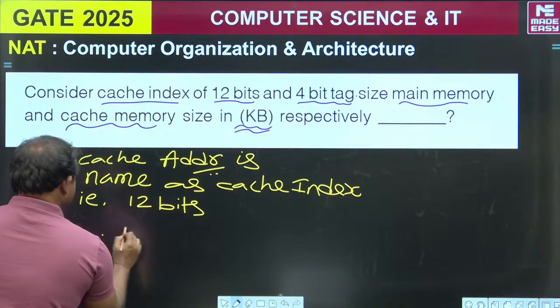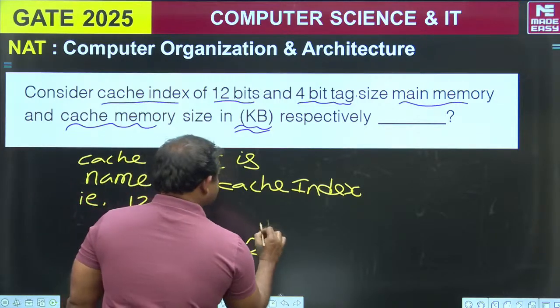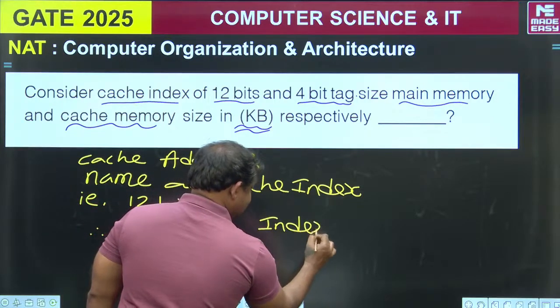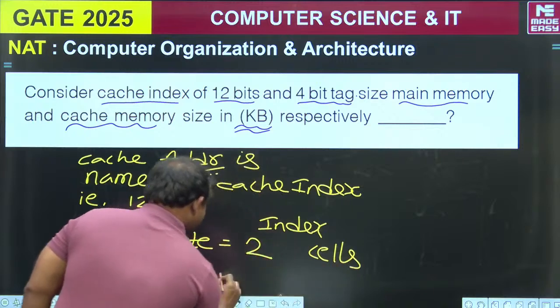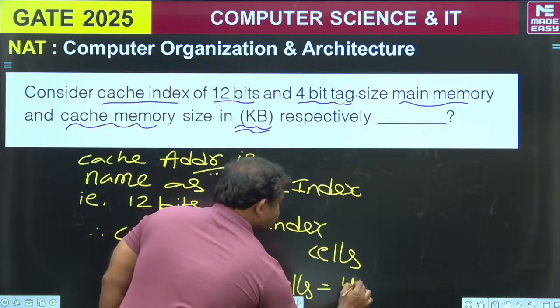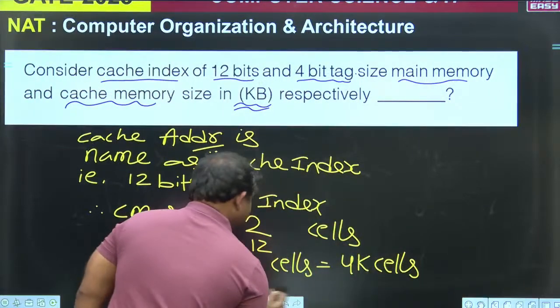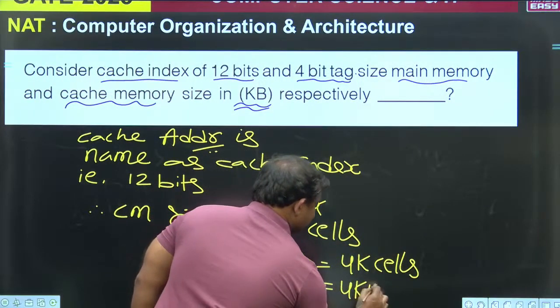Therefore, cache memory capacity is equal to 2 to the power of cache index size cells. So this is 2 power 12 cells, that becomes 4 kilo cells. By default the cell size is 1 byte, so this becomes 4 KB.